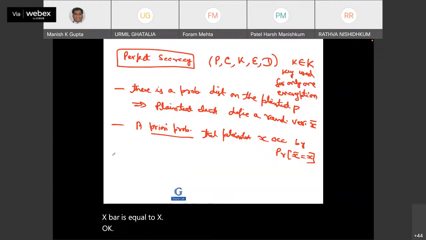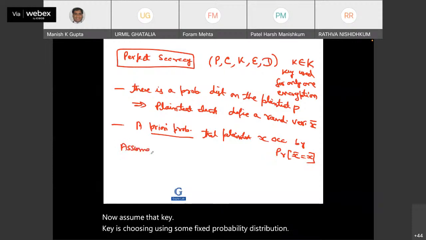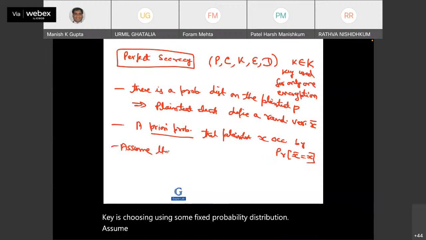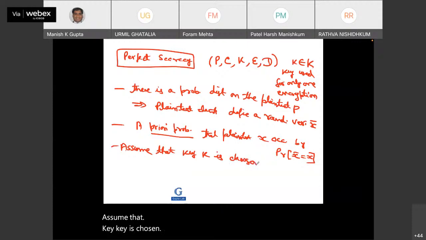Now assume that key k is chosen using some fixed probability distribution.